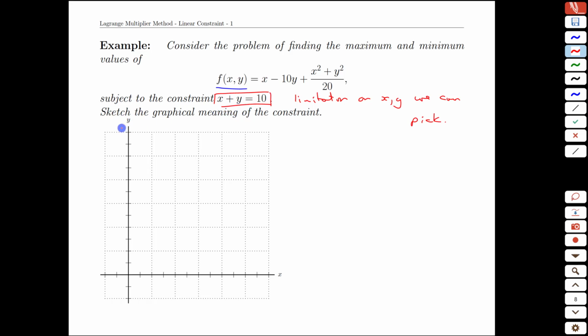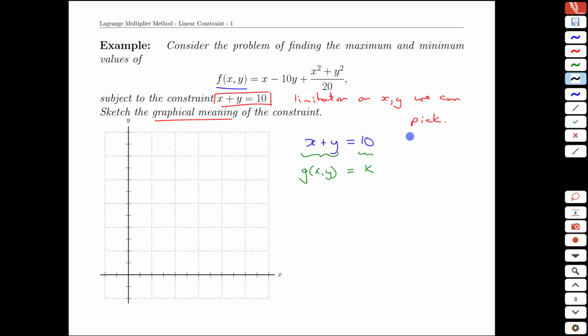The first thing we're going to do then is look at the graphical meaning of the constraint. So x plus y equals 10 is our constraint. And in the formulation for Lagrange multipliers, this matches our function of x and y on one side equals a value k on the other.